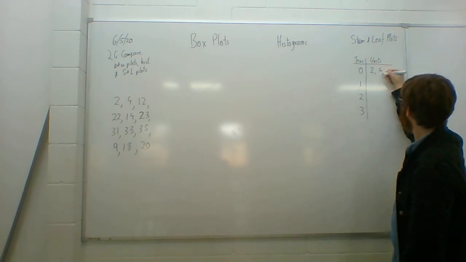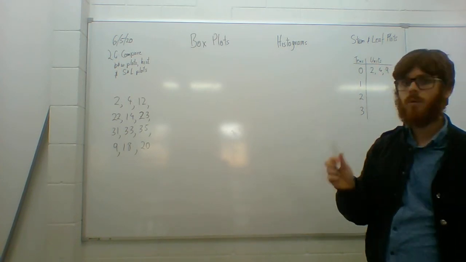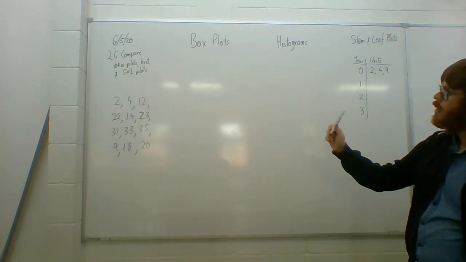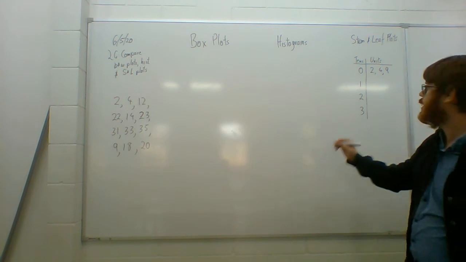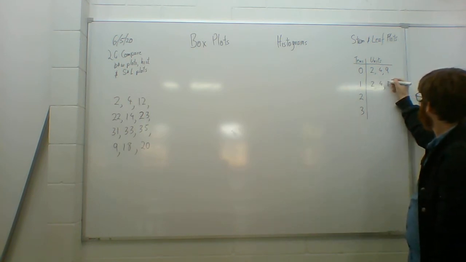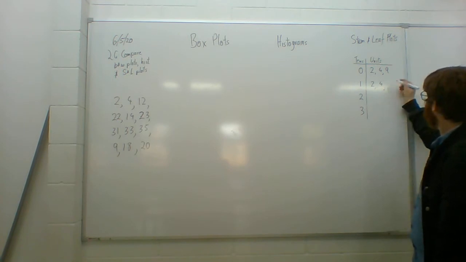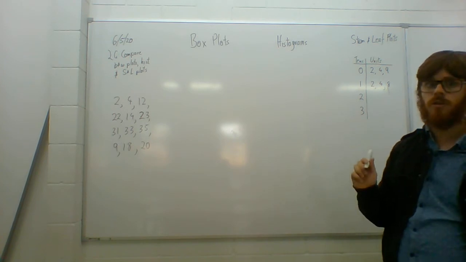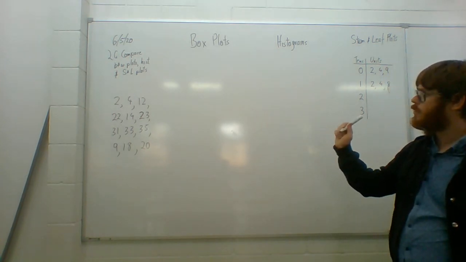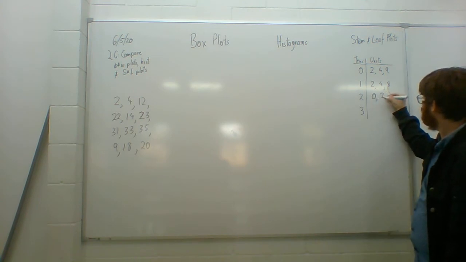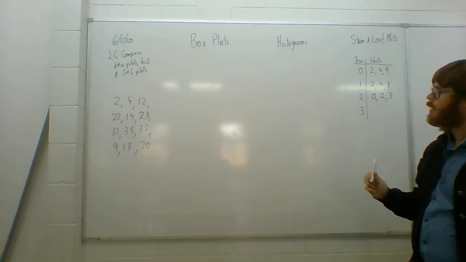Then the ones with 1 in the tens column: that's 12, 14, and 18. Then everything with 2 in the tens column: that's 22, 23, and 20. So in order, 20, 22, 23.